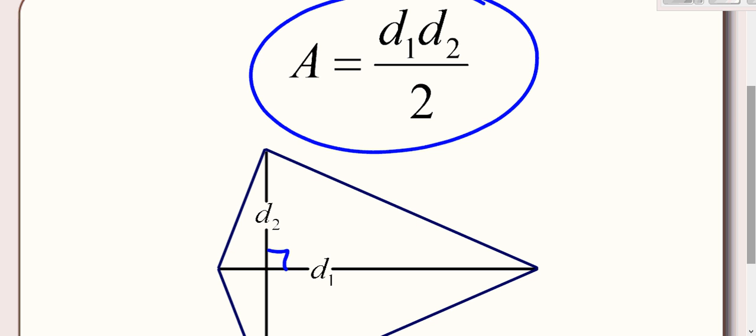So for a kite, diagonal times diagonal divided by 2, which is actually similar to the triangle formulas, like 1/2 base times height, kind of what it works out to be.